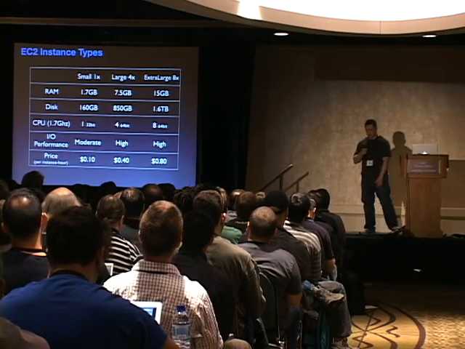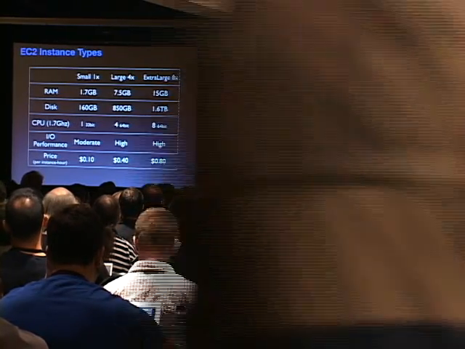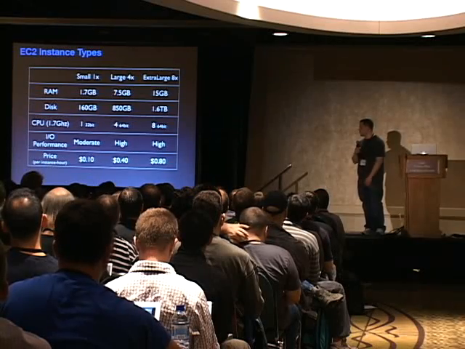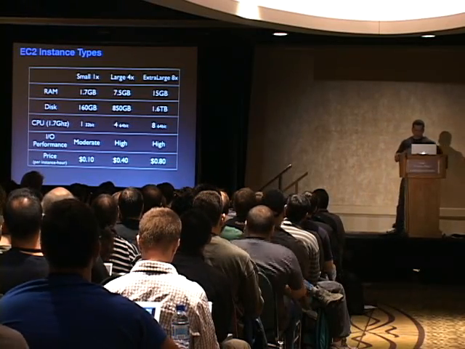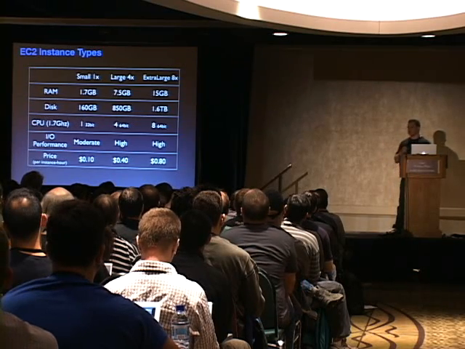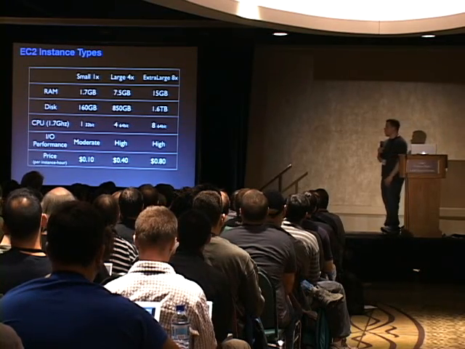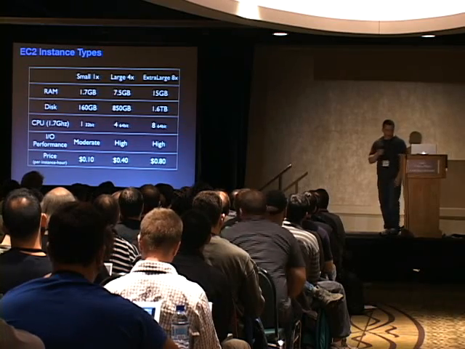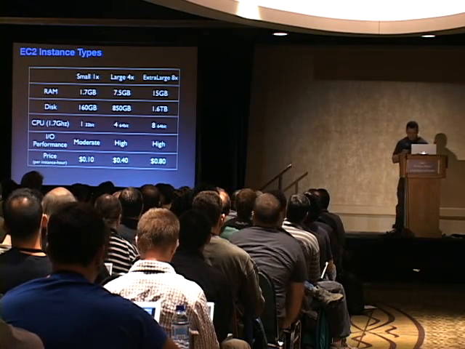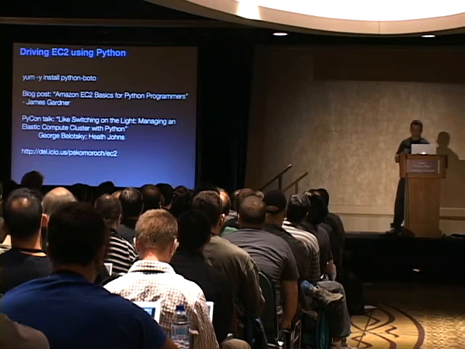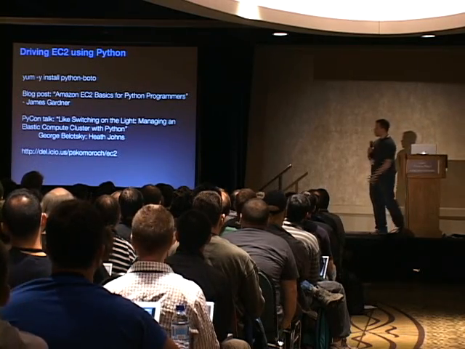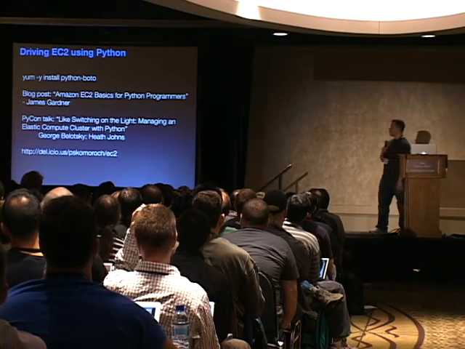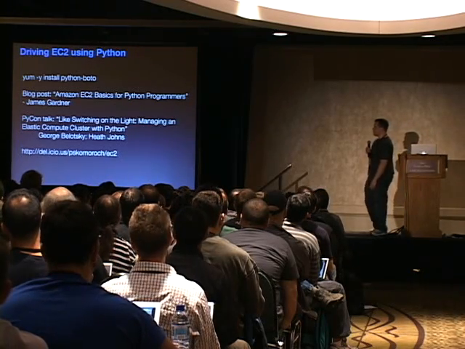The upshot is it's 10 cents per wall hour per core. And they have these extra large images where you basically get a whole box, and you get effectively gigabit Ethernet bandwidth. Now, I'm not going to go into too much detail on how to actually talk to Amazon. There's another talk later today that goes into that in more detail, so you should check that out.